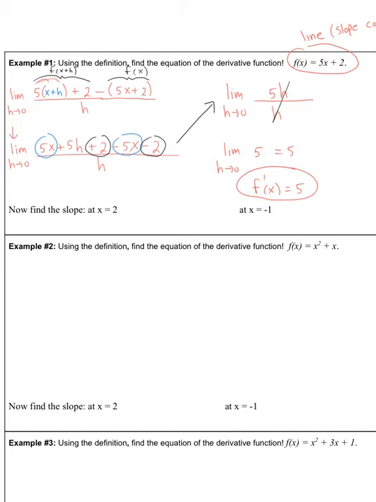Right here, we can find the slope at x is equal to 2. We use our derivative function. We find f prime of 2. Well, we take our derivative, 5, and if we plug in 2, it's still 5 because it's constant. No matter where we take the derivative, it will always be 5 because our derivative function is constant.